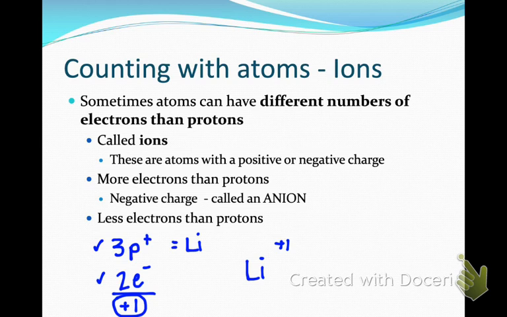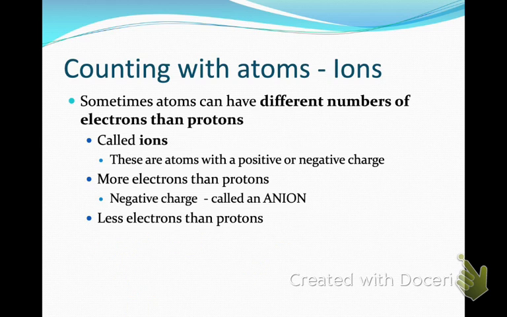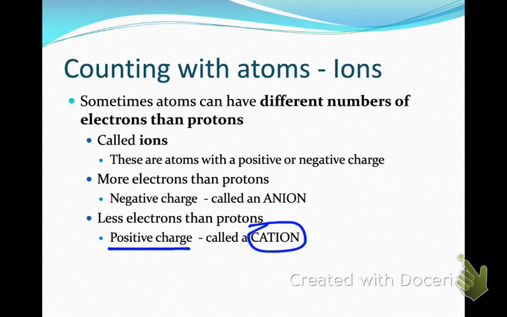Okay? So anytime we have less electrons than protons, that leaves us with a positive charge, and these are called cations. Okay, I remember cation is the positively charged one because it has a plus sign right in the word.